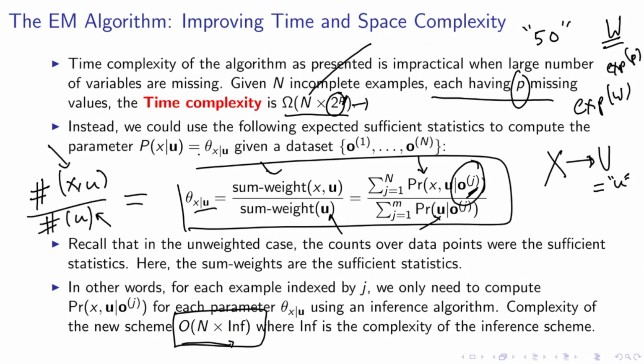Why? Because the complexity will be O of n times exponential in 1, which is O of n times p. So the overall complexity for computing the statistics now becomes linear in p rather than exponential in p.